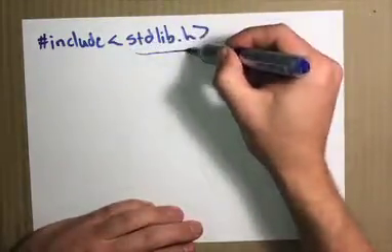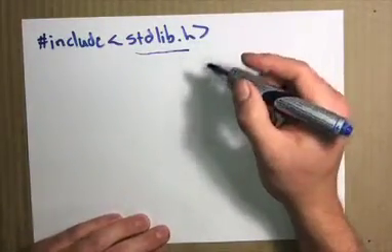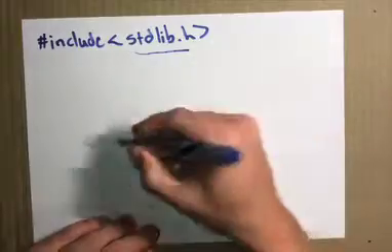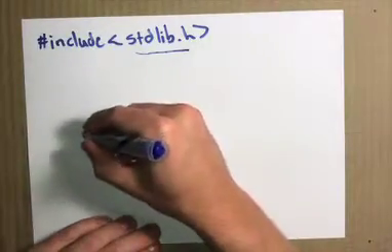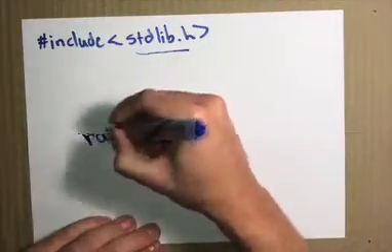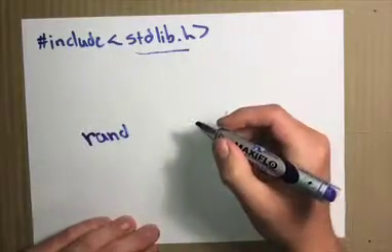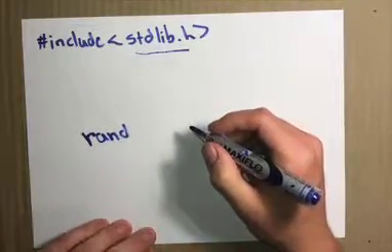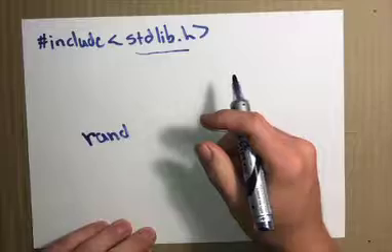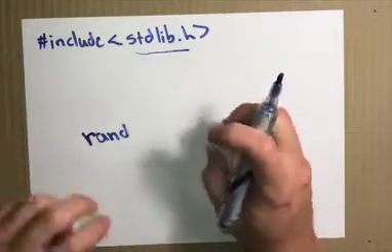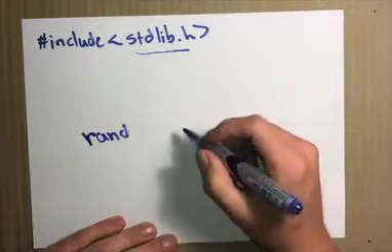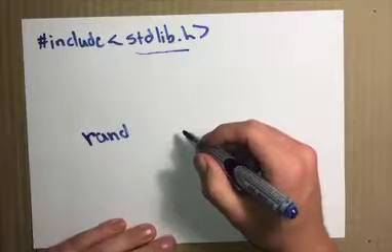Inside the standard library, there's a function called rand. That function rand will create a random number for us by using an equation.